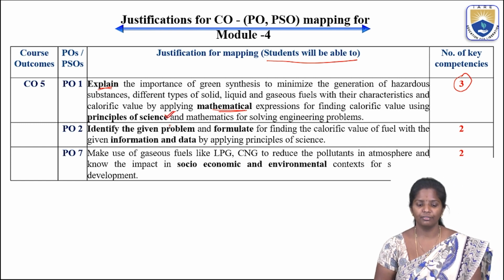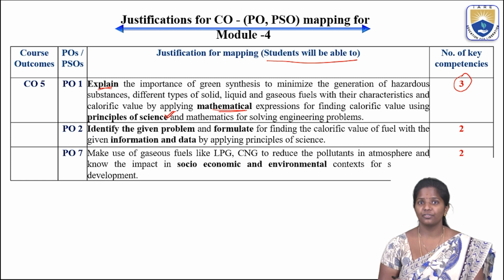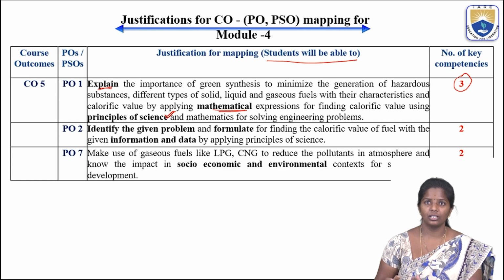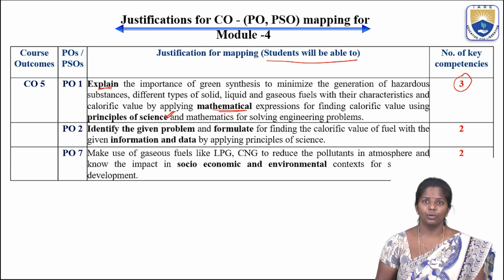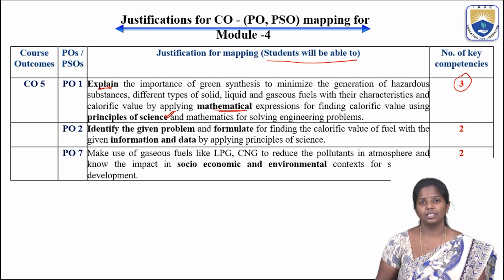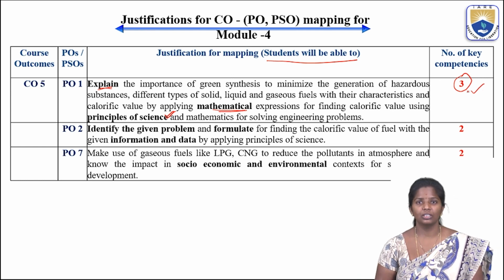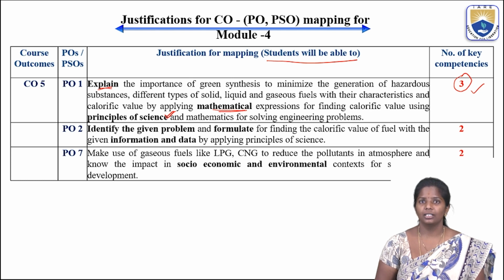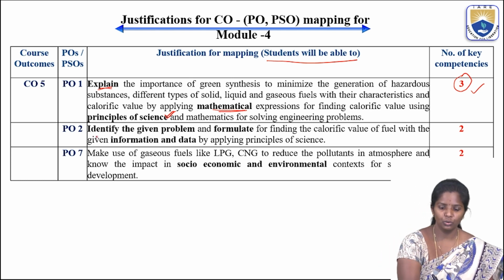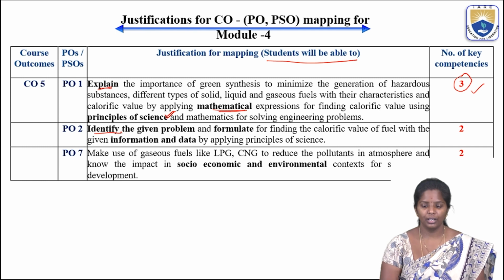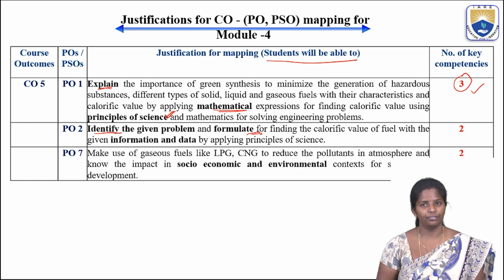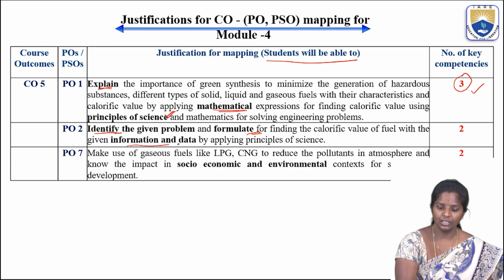Engineering is a branch, and natural sciences have different principles; both together are used by the graduate to understand the principles of engineering so that he will be able to solve the problem. That is why it matches all 3 competences of PO1. Then PO2: identify the given problem and formulate for finding the calorific value, and information data collection.